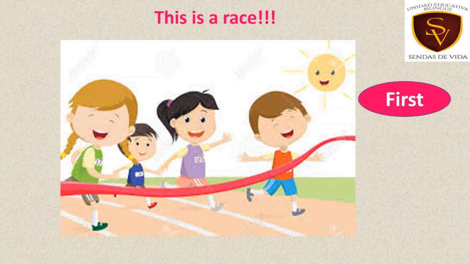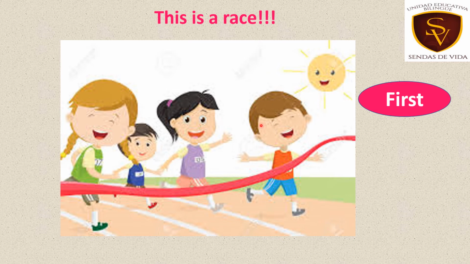Now that we have seen thousands, we are going to see numbers, but this time we are going to remember these numbers in words. This is a race. Look, these 4 kids are in a race. Competencia, carrera. They are 1, 2, 3, 4 kids, right?